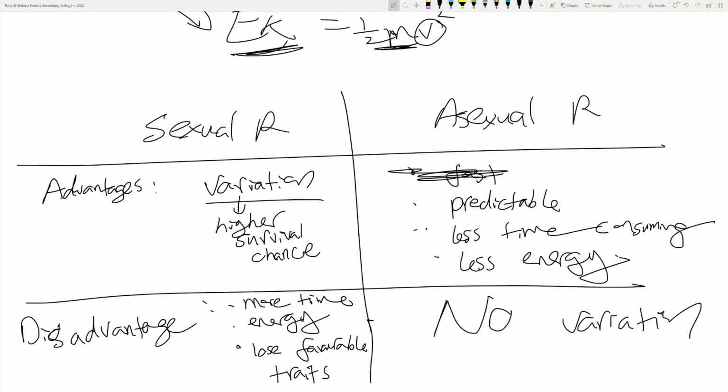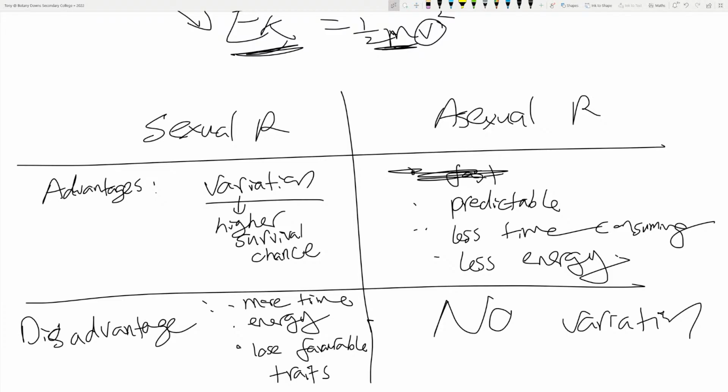Can you explain genetic variation? Yeah, I kind of just did that. So you need to understand how variation is important to a population. This is an excellent question. When there's variation in the population, that means everyone will be slightly different. At this stage, it may not be an advantage or disadvantage.